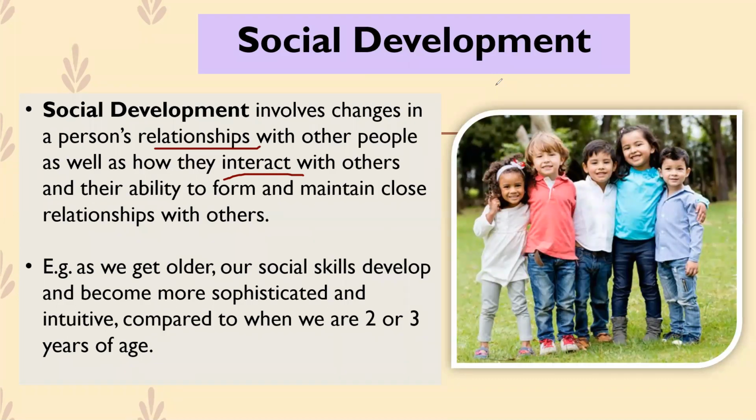You are able to make connections with more and more people, and branch out and form interactions with a wide range of people compared to just the people you were interacting with in primary school or kindergarten. So you have a more sophisticated social development and expression of social behaviors.